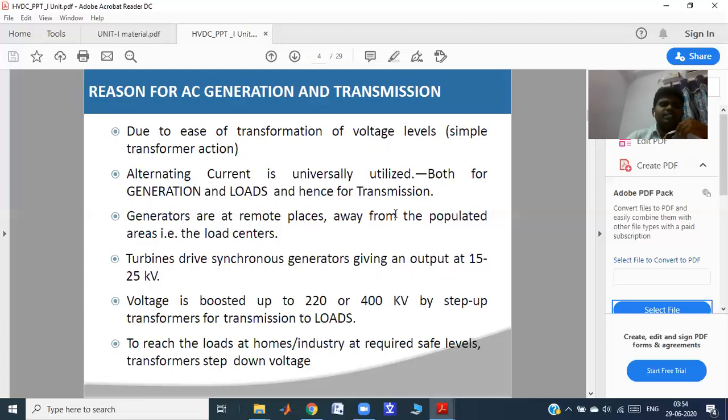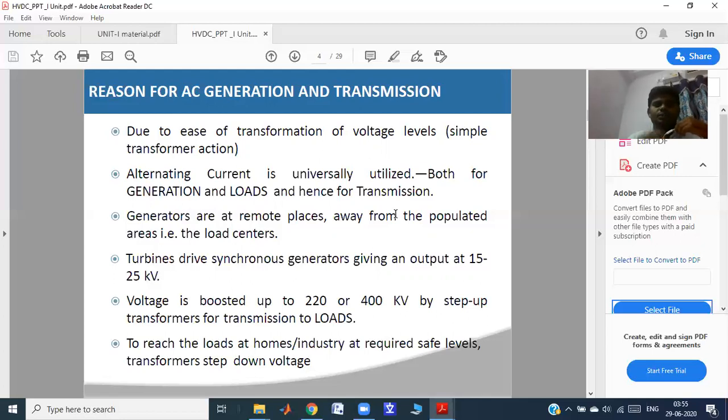That means in generating stations, the synchronous generator is driven by turbines that generate an output voltage in the range of 15 to 25 kV. Then that voltage is boosted up, that means increased, to 220 kV or 400 kV depending upon our requirement by a step-up transformer.